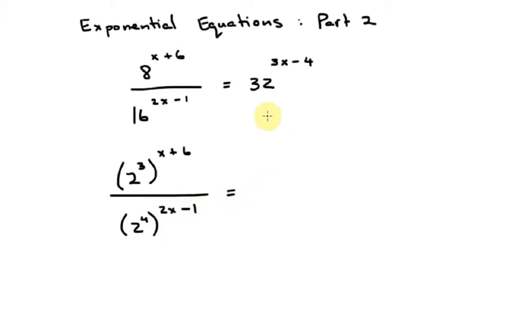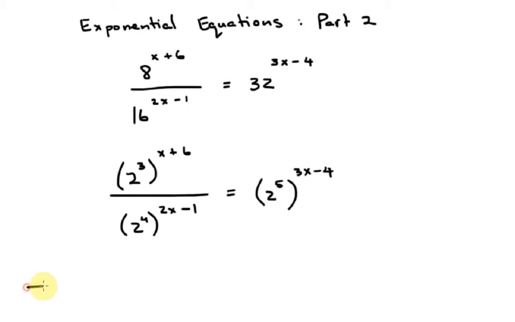And then over here, 32, I'm going to write that as 2 to the 5th raised to the 3x minus 4. All right, so that's step one. I can see I'm going to end up with the same bases, but I do have a little bit of extra work to do. So let's see what we can do.